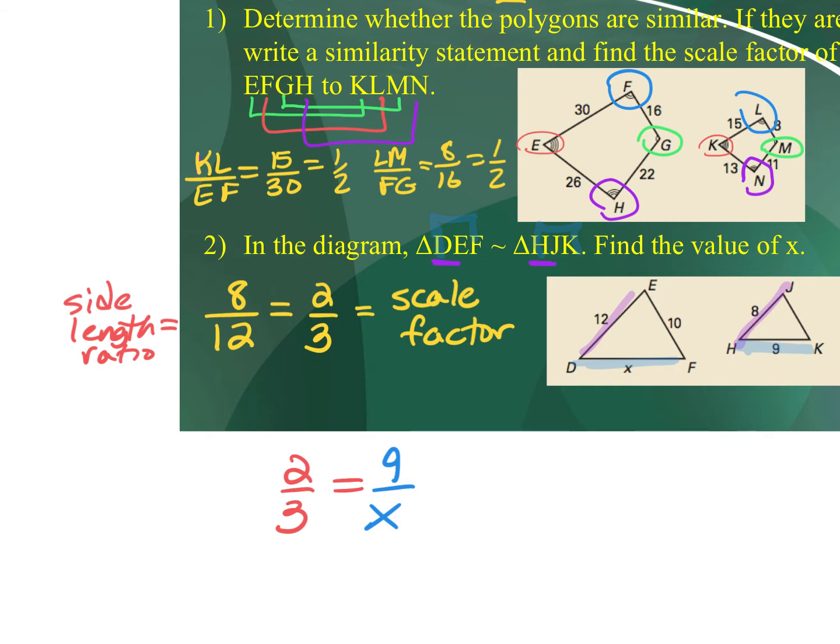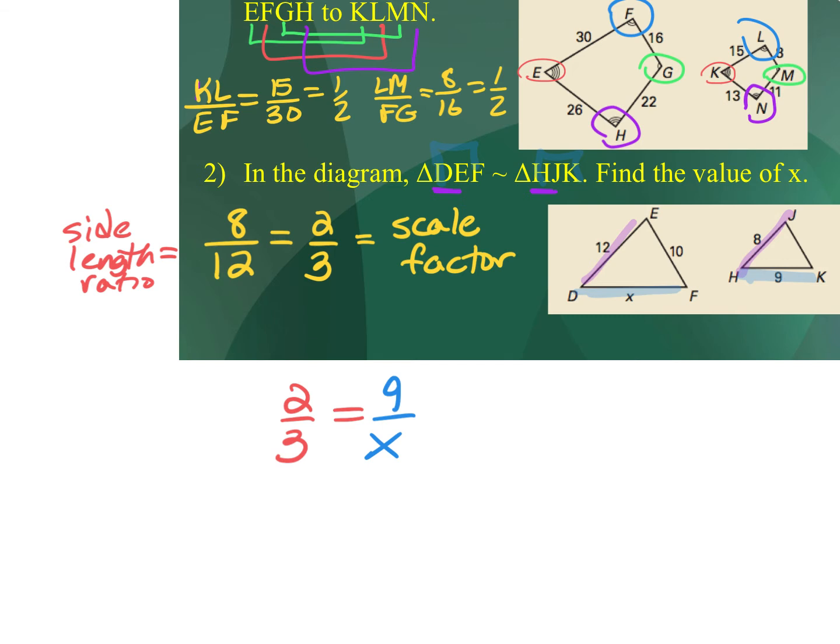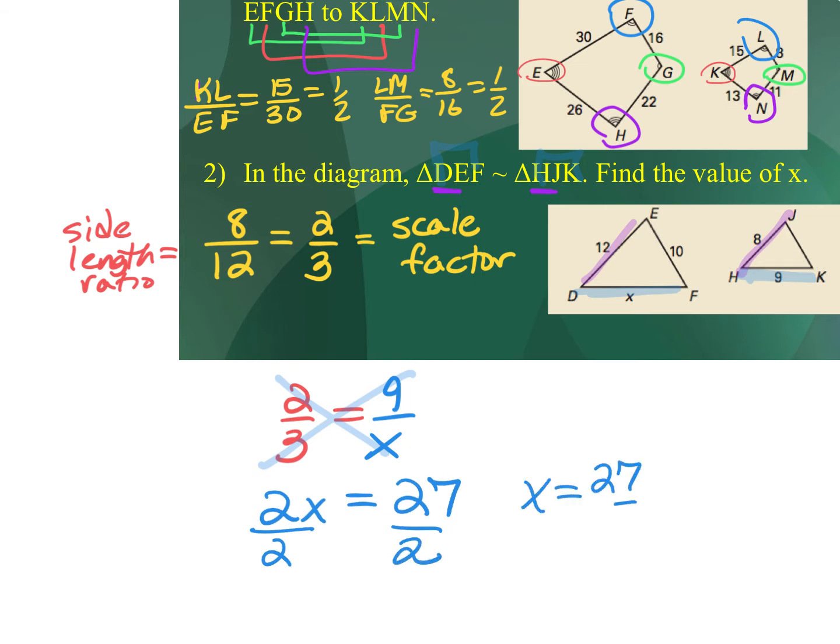And now I'm going to cross multiply. So I'm going to multiply 2 times x and then 9 times 3. So 2 times x is 2x. 9 times 3 is 27. I need to solve for x by dividing both sides by 2. I end up with x equaling 27 over 2.